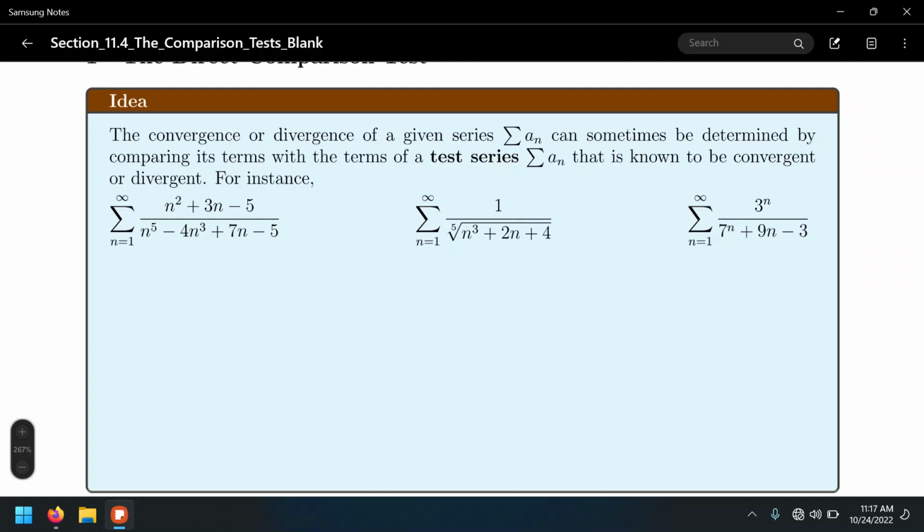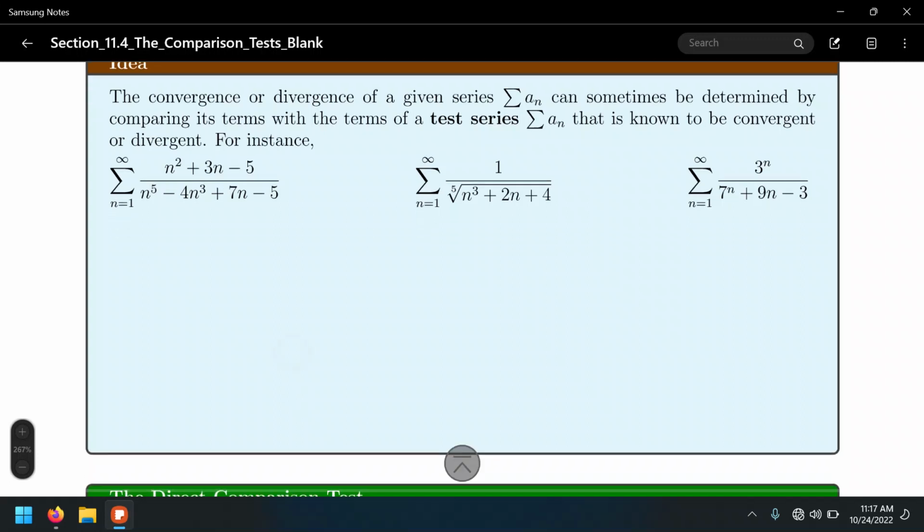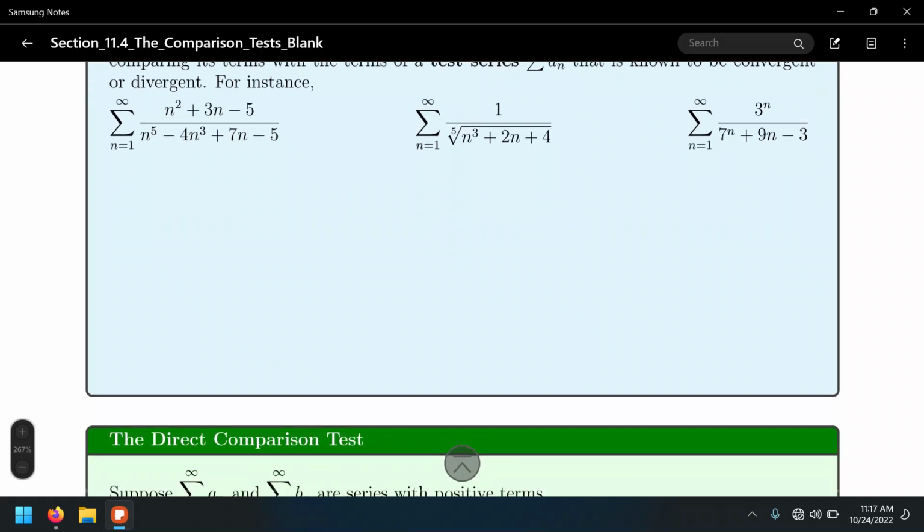The second series, I don't think there's a way to integrate that one. Maybe, but I don't think so. And same with the third series. So you don't want to overwhelm yourself and do something very complicated. So instead, we're going to look at this series and obtain a simpler series that behaves similarly.